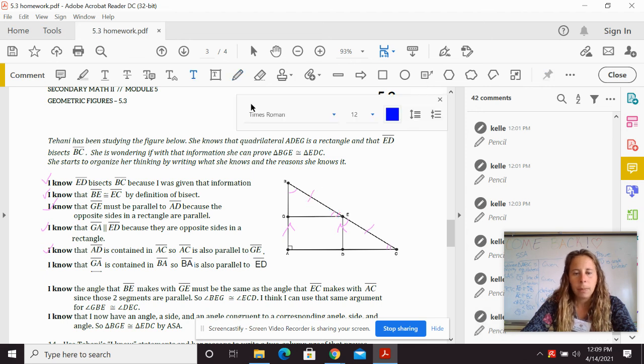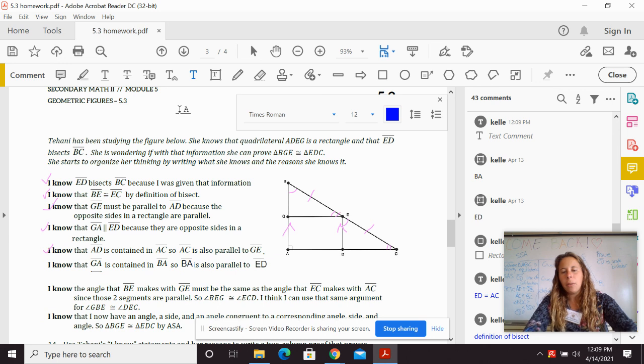So now with that information, can I prove that this triangle right here is congruent to this triangle? Yes, you can, by angle, side, angle.